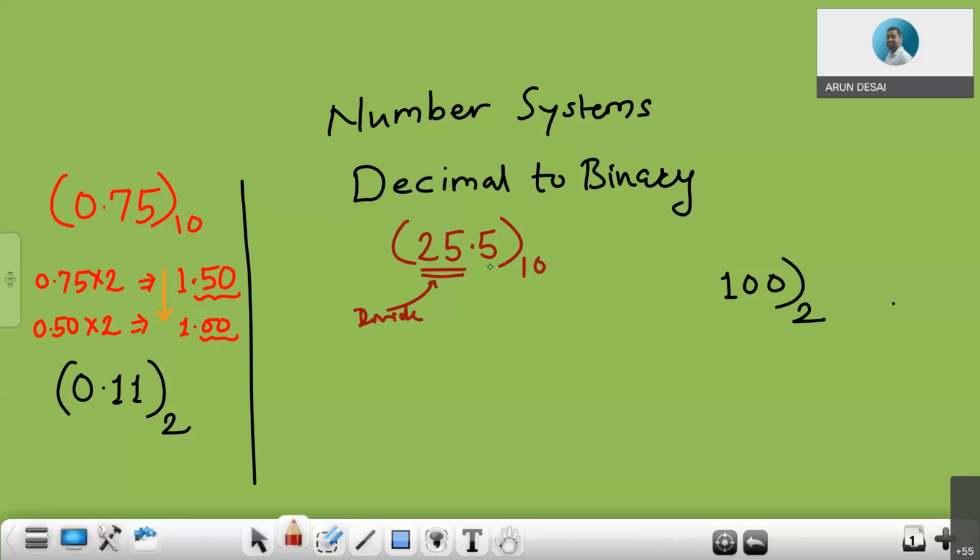And for the fractional part you need to multiply, right? It is by 2 only. You need to divide and multiply and keep those answers ready, before and after that radix point or decimal point. Okay, try to solve this.